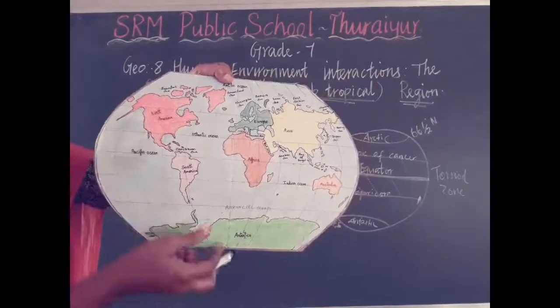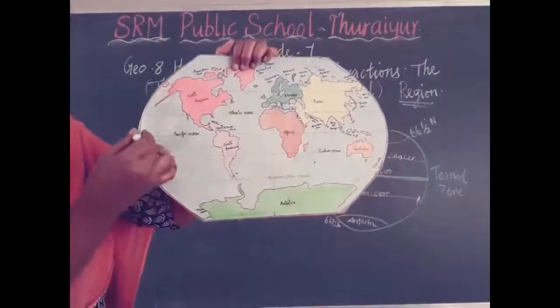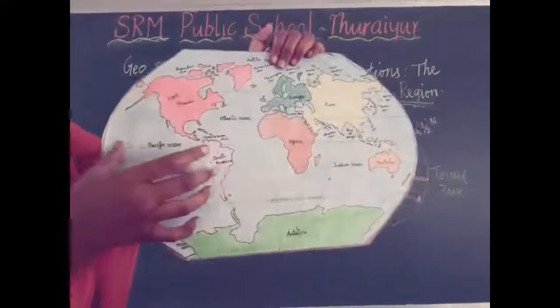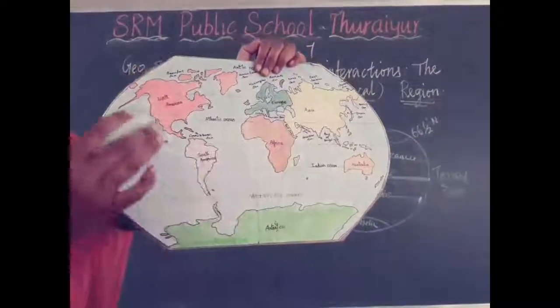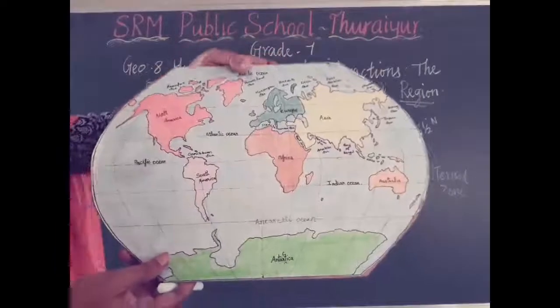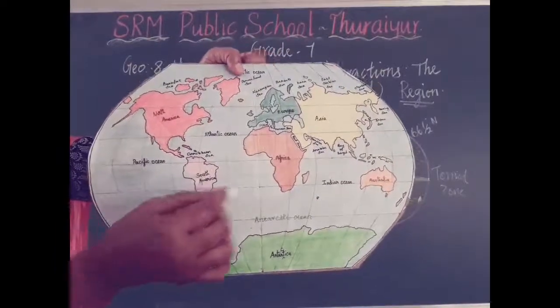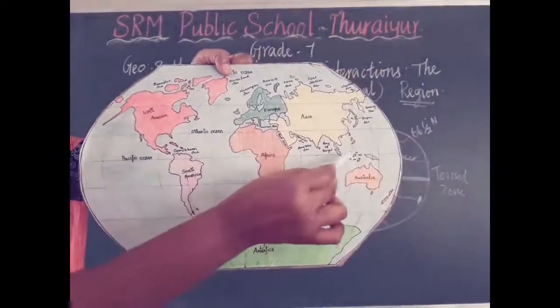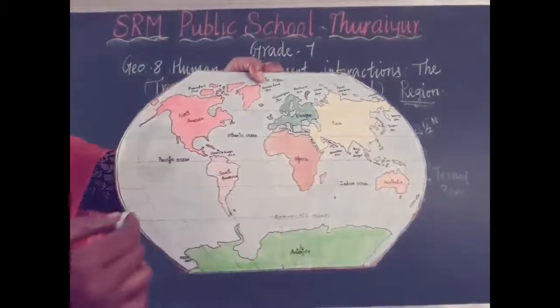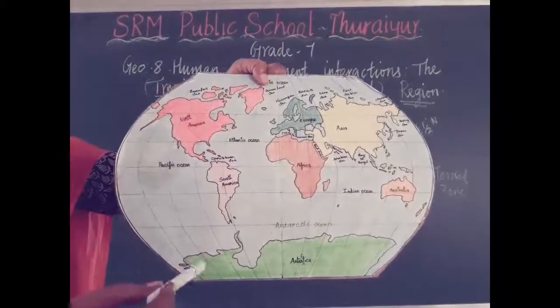The 0 degree latitude line passes from here. The equator crosses Africa, and here Java and Sumatra Island.